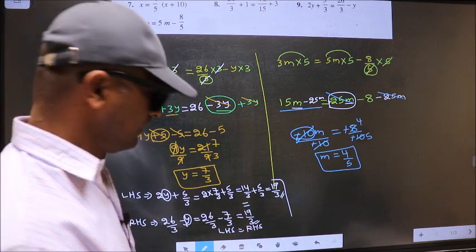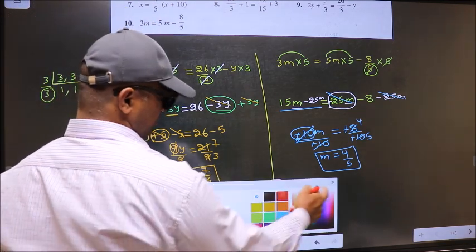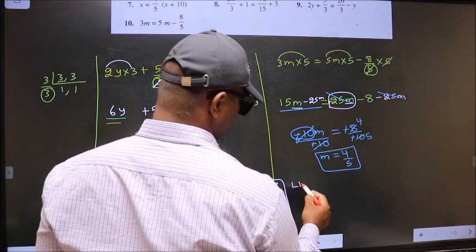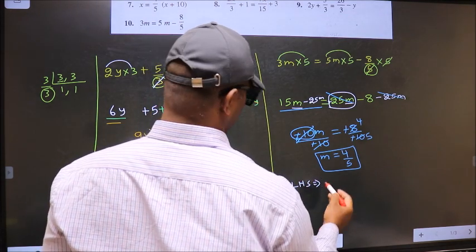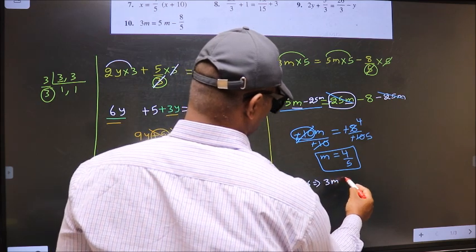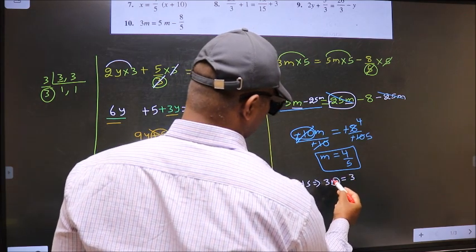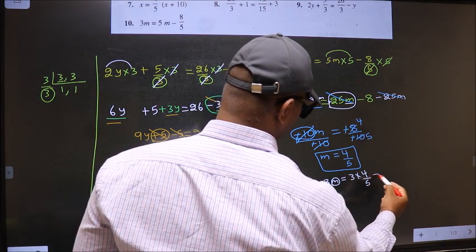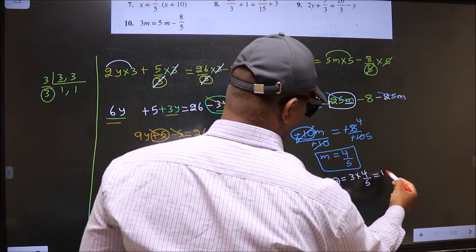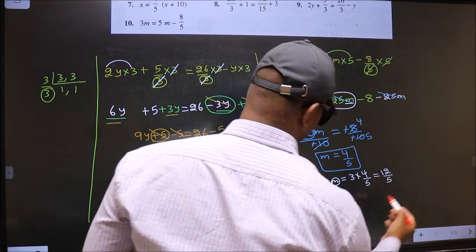Now to check, take LHS is 3m, that is 3, in place of m we write this 4 by 5, that is 3 into 4, 12 by 5.